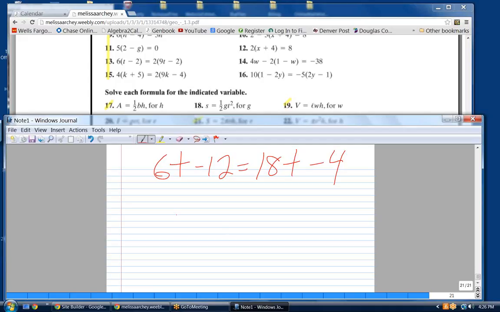Remember that if you move something to the other side, you have to change its sign. So it's going to be 6T minus 18T. And then what's the number on the other side? And then it's 8. Negative 8. No. Oh, I'm sorry. Yeah, regular 8. Positive 8.